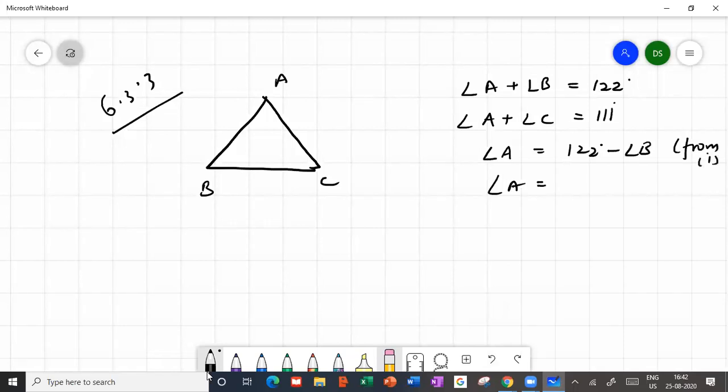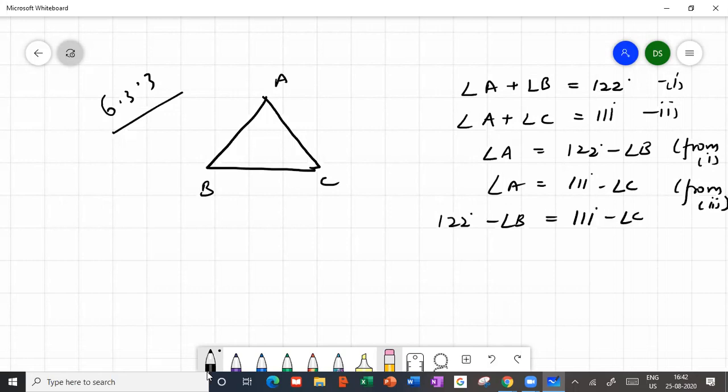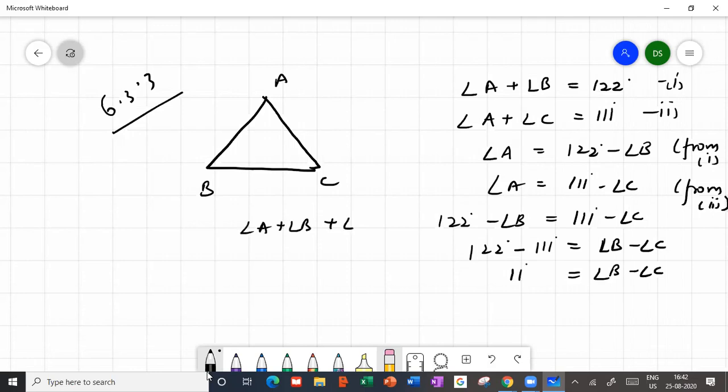From 1, A is equal to 111 minus C. From 2, 122 minus angle B is equal to 111 minus angle C. So I'll get angle B minus angle C, which is nothing but 11 degrees, and we also know that angle A plus angle B plus angle C is equal to 180 degrees, correct?